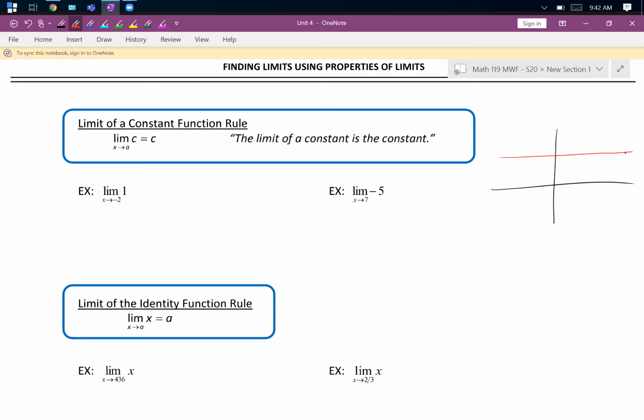So the limit as x approaches -2 of 1, since our function is a constant, our limit's going to be 1. Similarly, the limit as x approaches 7 of -5 is going to be -5. So the limit of a constant is always that constant.